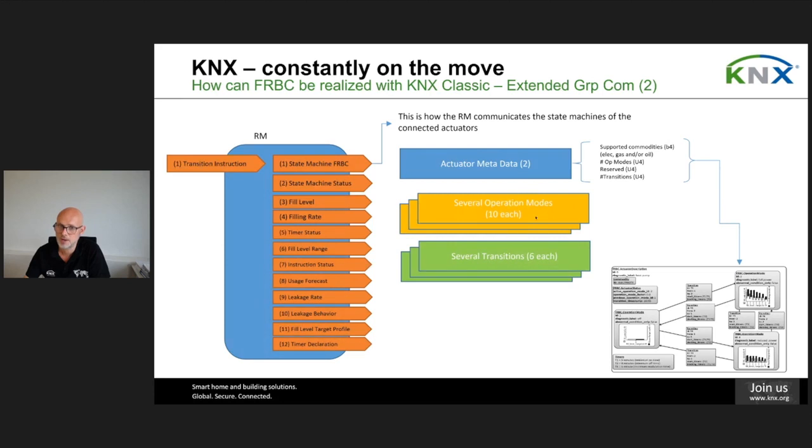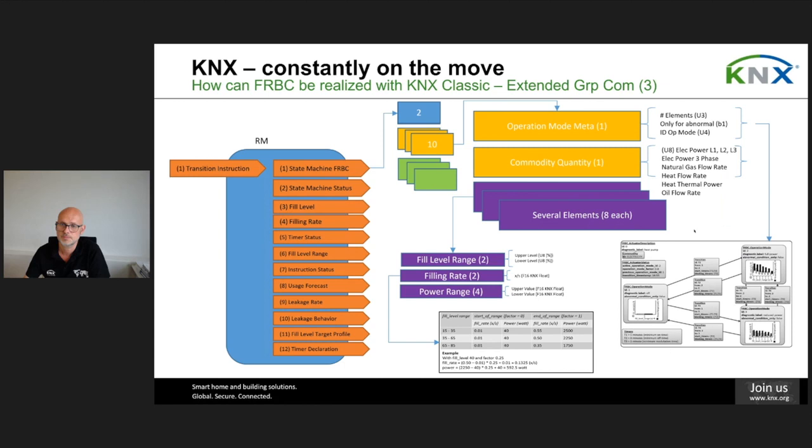I will now explain to you how the several operation modes will be modeled. In the operation mode, we start off again with metadata on the operation mode, in which it is communicated how many elements are communicated for the operation mode.